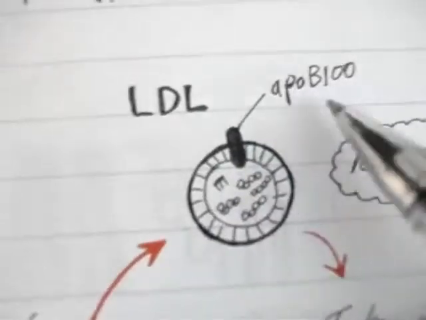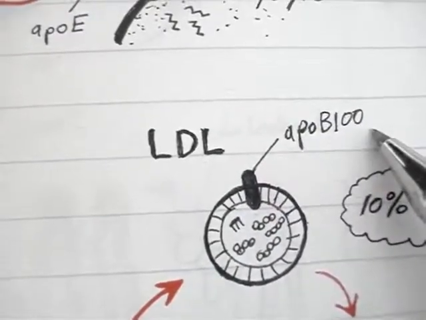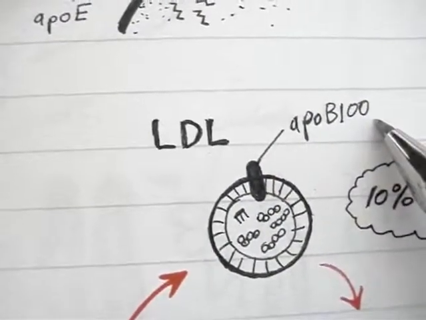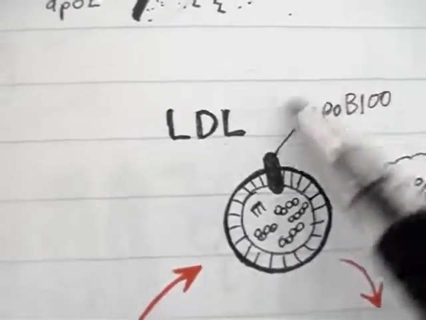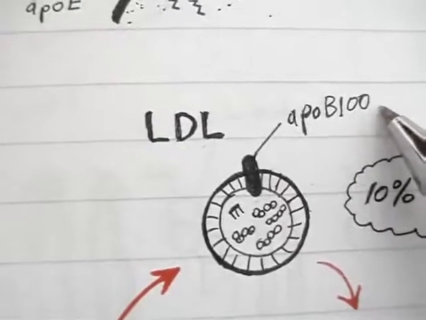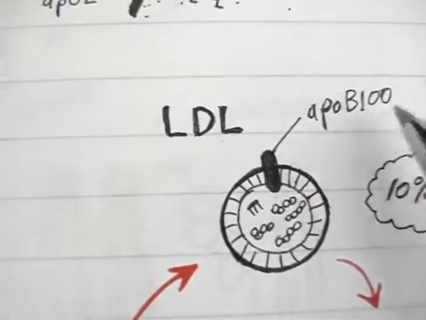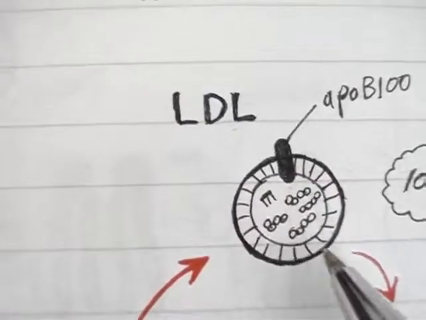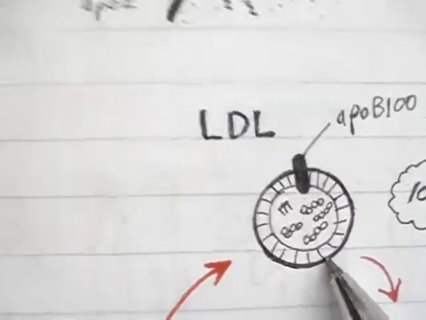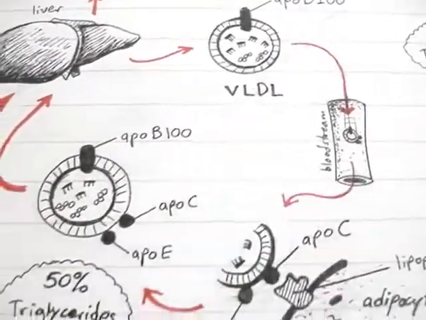However, ApoB100 can bind the LDL receptor. However, the affinity of ApoB100 for the LDL receptor is very low. So this means that the half-life of LDL in the blood is much longer than IDL and VLDL.